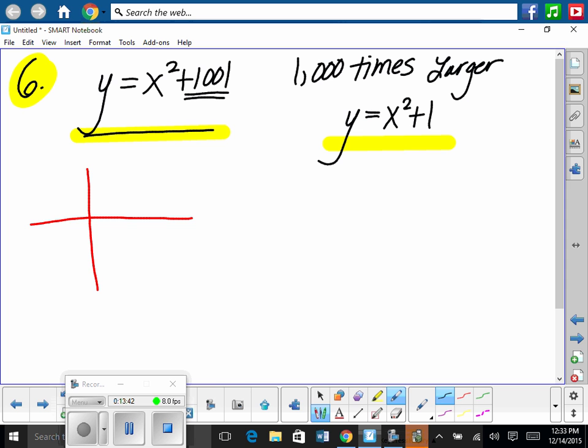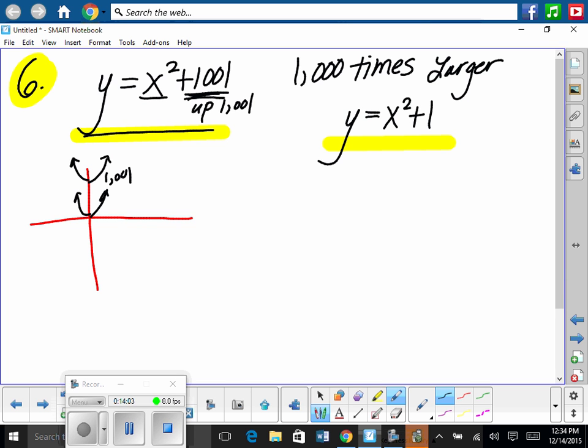That literally takes our parabola that used to be right here and shifts it up 1,001 units. So there was no shift left and right, but there was a shift up and down. So we went up 1,001.